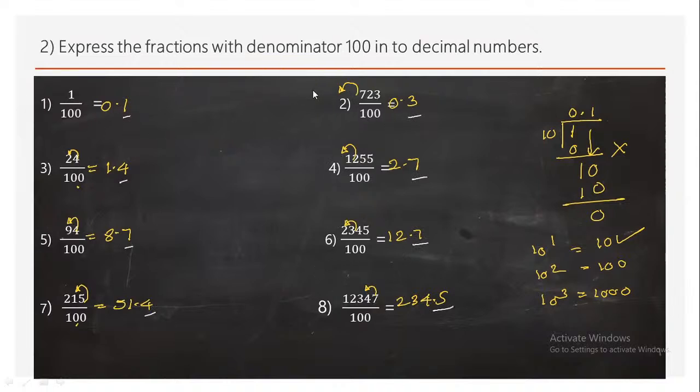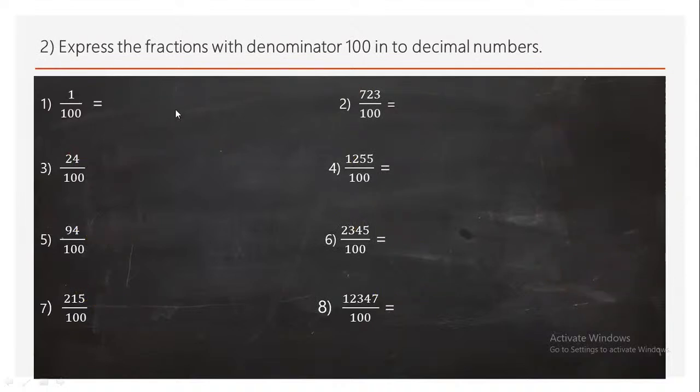Question number 2. Now look at the denominator. You can see 100. It means 10 to the power 2. Without following the long method, you can do it like this. Look at the denominator, 2 zeros. Then what can you say about that? The answer contains 2 decimal places.